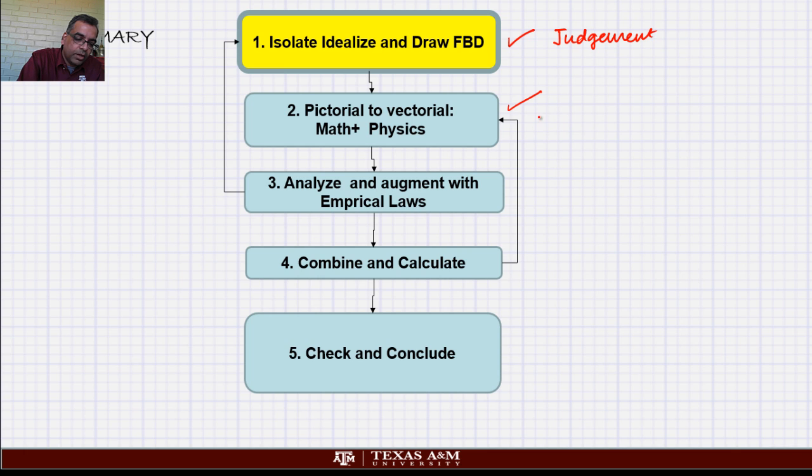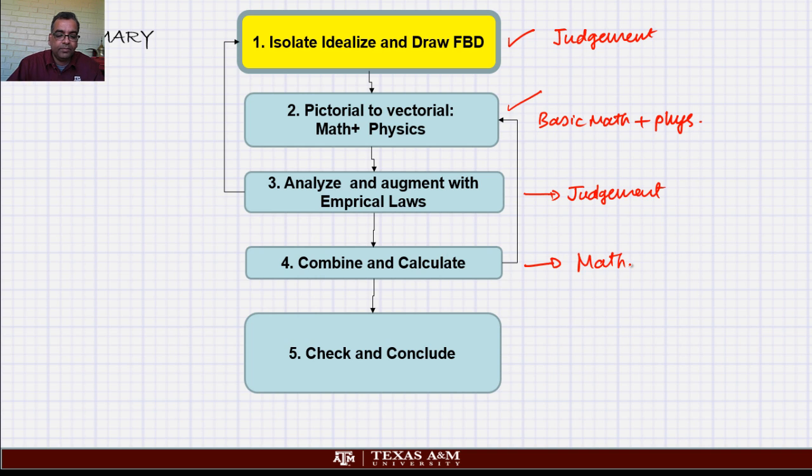This requires some knowledge of basic math and physics. Analyze an argument. This also requires judgment. This again requires combine and calculate. So this requires actually quite a bit of math. And then check and conclude.